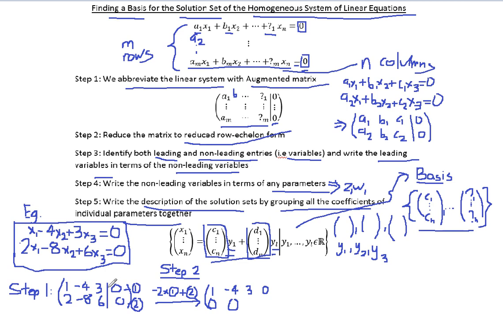And here also the third column, minus 2 times 3 equals to minus 6, minus 6 plus 6 equals to 0. And for this, it will go to 0, because 0 plus 0 is 0. So now, step 2, done.